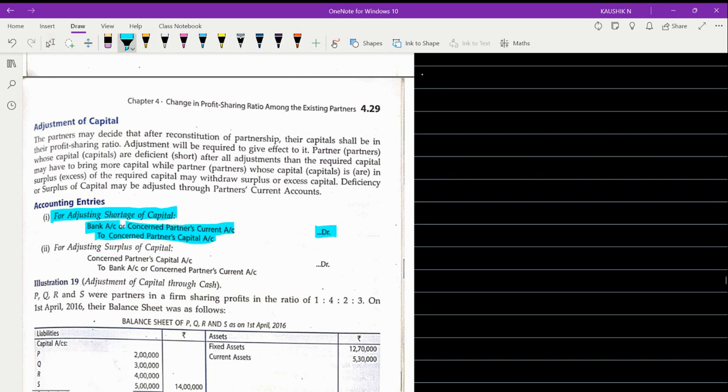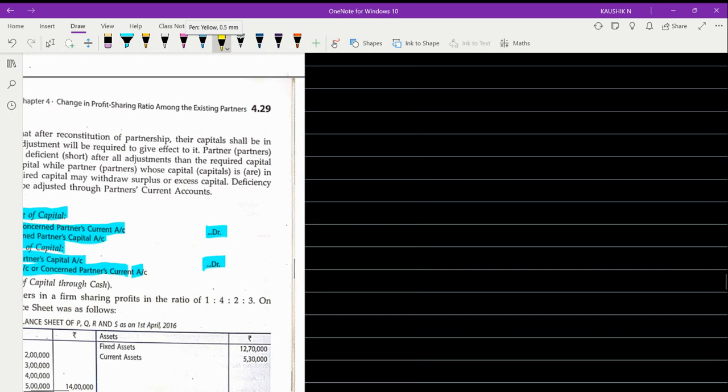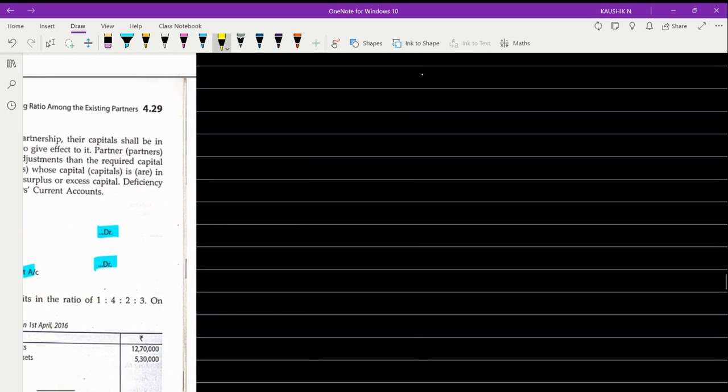In the same way, for adjustment of the surplus, the concerned partner's capital account is debited and bank account or the concerned partner's current account will be credited. So, to put it in a simple way, there are two different types of problems under adjustment of capital.